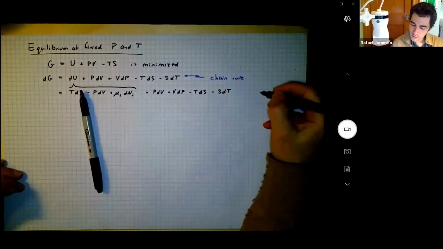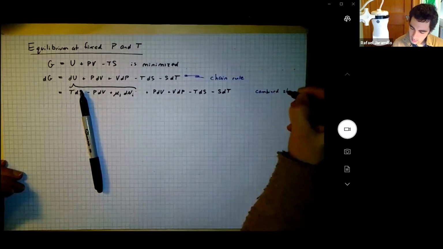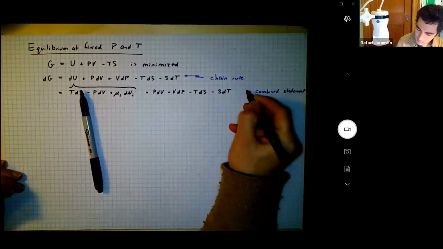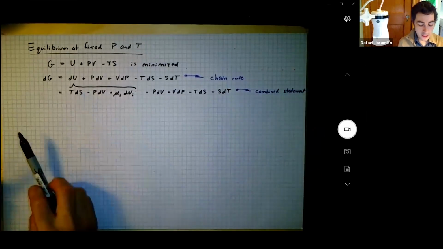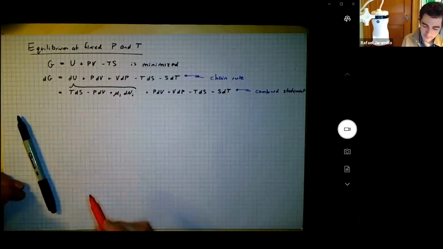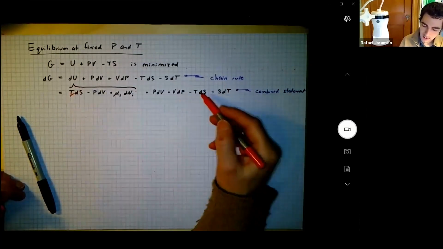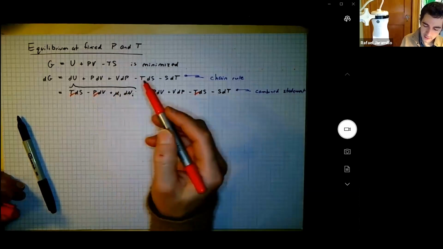So here I use the combined statement. And I'm going to see a bunch of things cancel. So we have T dS cancels T dS, minus P dV cancels P dV.